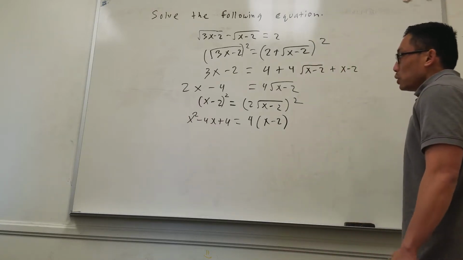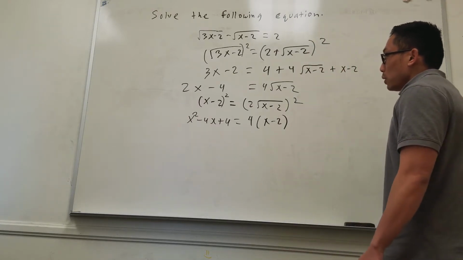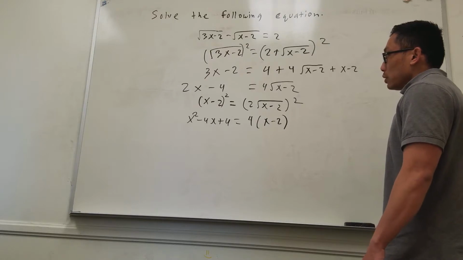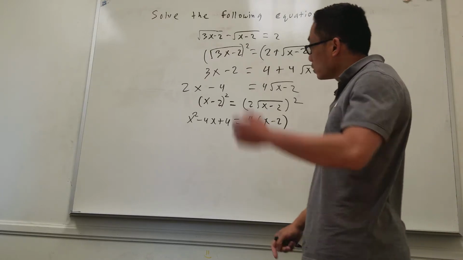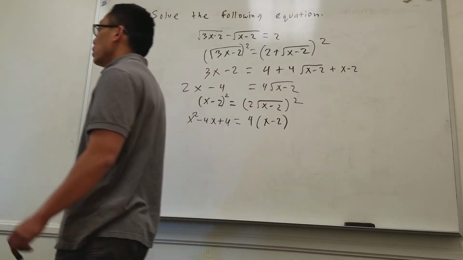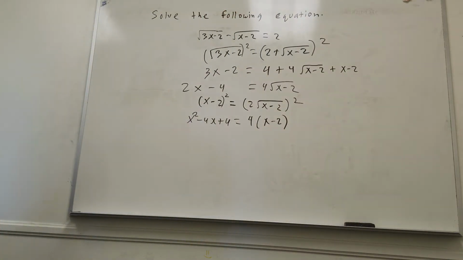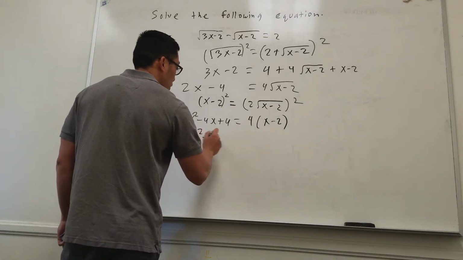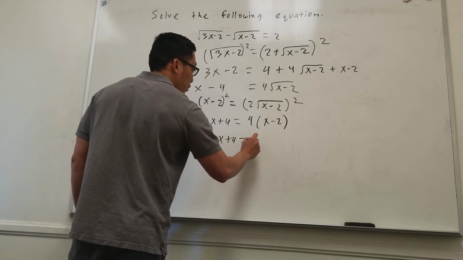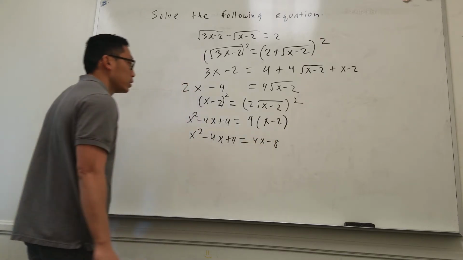Okay? So what you need to do now is what? This is a quadratic, right? I'm going to set it equal to 0. So let's do that. So x squared minus 4x plus 4 is equal to 4x minus 8.